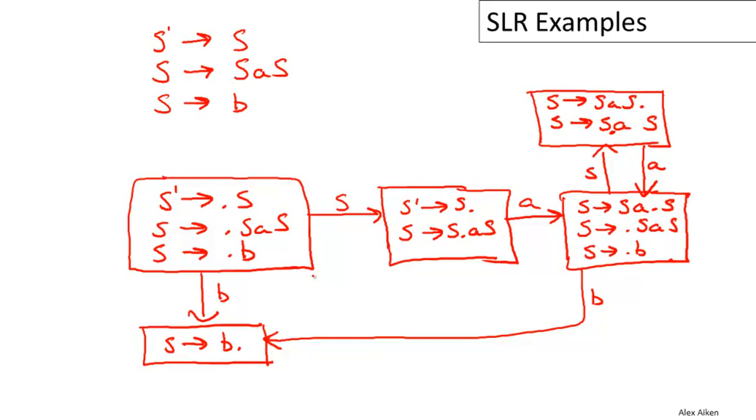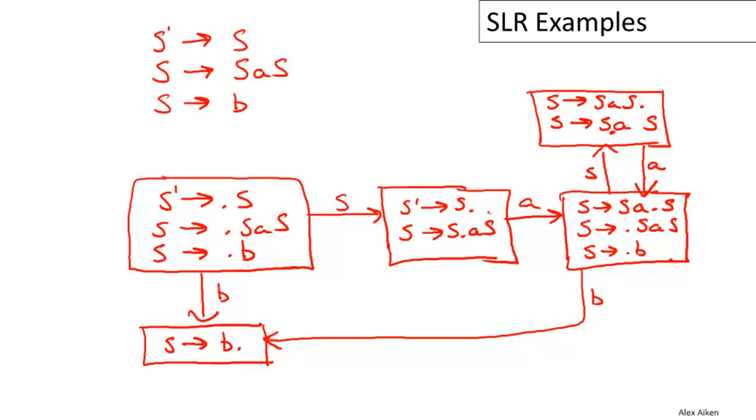So there can't be any reduce-reduce conflicts in this automaton. We can ignore states that only have a single item or states that have no possible reduce moves at all, because those are states in which there cannot be a shift-reduce conflict. And that means we can ignore these two states over here at the extreme left. So now we're left with these three states to think about.